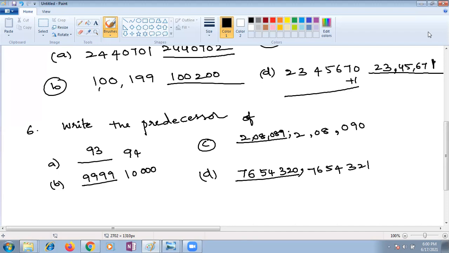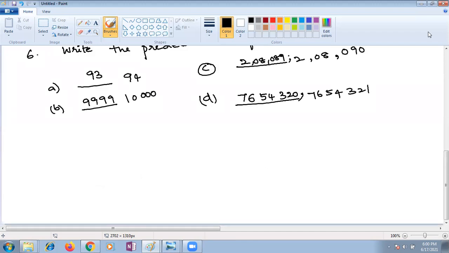So this is very simple. Next one: in each of the following, state which whole number is to the left of the other number on the number line. This is also one simple thing, children. The pair of numbers is given here. You're supposed to check which is left, which is right. 530.